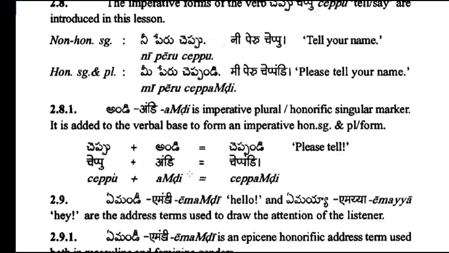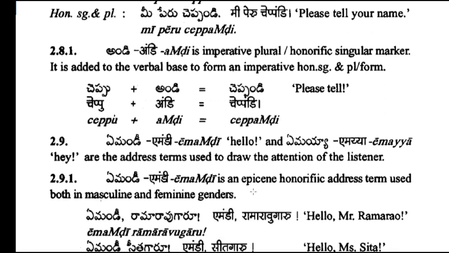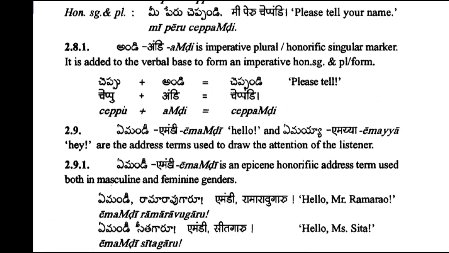For example, you went to a shop and want to get attention. Emandi naku biyam kavali. Emandi naku gajulu kavali. Gajulu means bangles. Biyam means rice. The next one is Emandi, an epicene honorific address term used in both masculine and feminine genders. It can be used with any person.